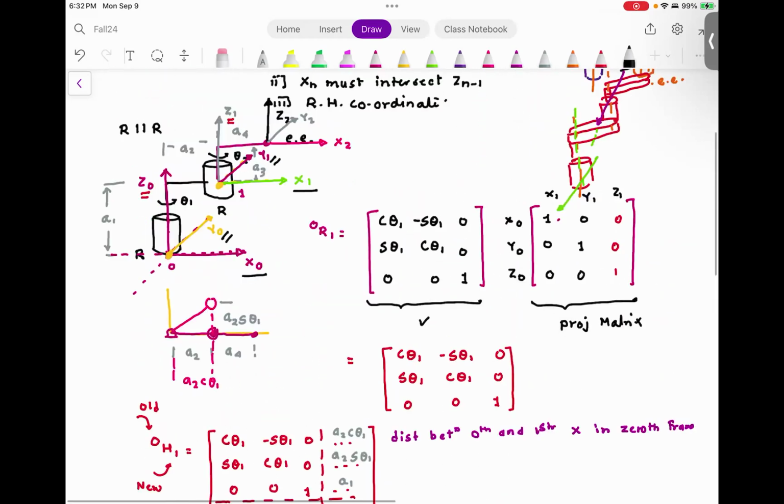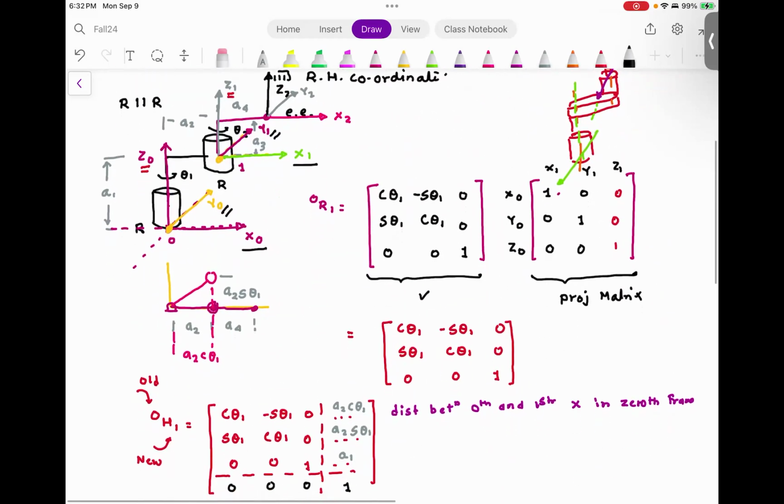This is not by accident. Why do I have the projection matrix as identity? Because I deliberately try to keep my frame number 1 and frame number 2 as aligned as possible with frame number 0. It is absolutely possible to flip the axis in the other direction.